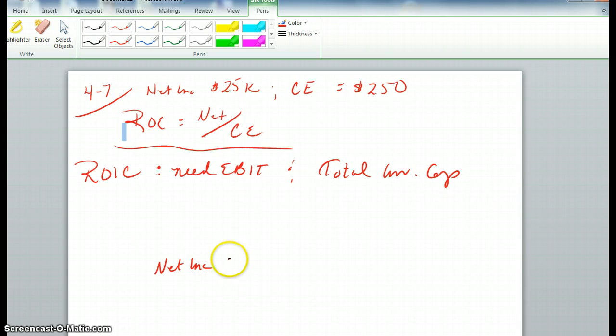till we get to EBIT, because we have net income that was given of 25,000, and we're also given that taxes is 40%. And so we can take 25,000 divided by 40%.